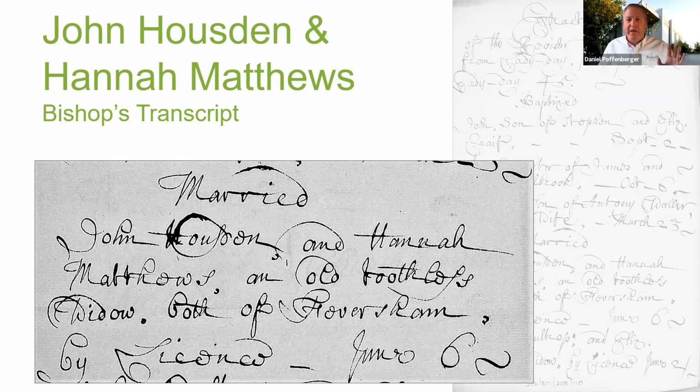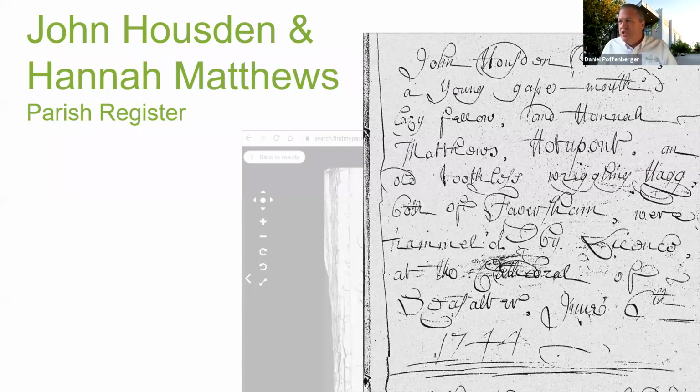Okay, now having a fun archdeaconry transcript and bishop's transcript, let's have a look and see what the minister wrote in his own register, the actual parish register. In this case, he wrote, John Housden, widower, a young gape-mouthed lazy fellow, and Hannah Matthews, residence is Hottapont, an old toothless wriggling hag.